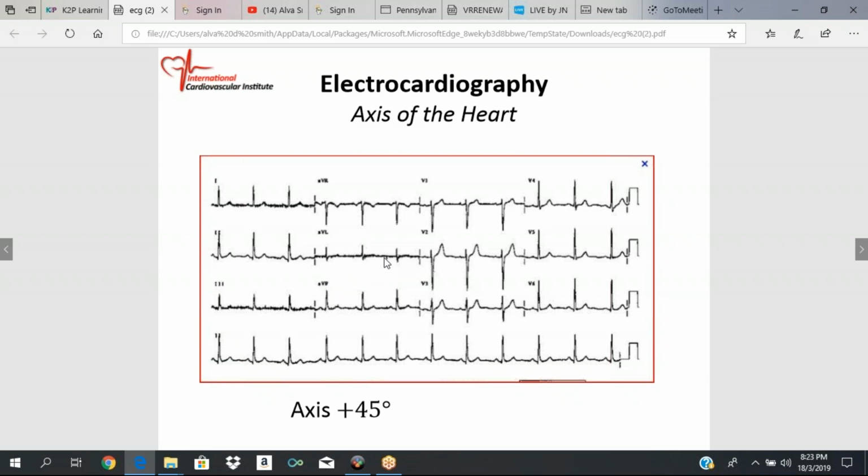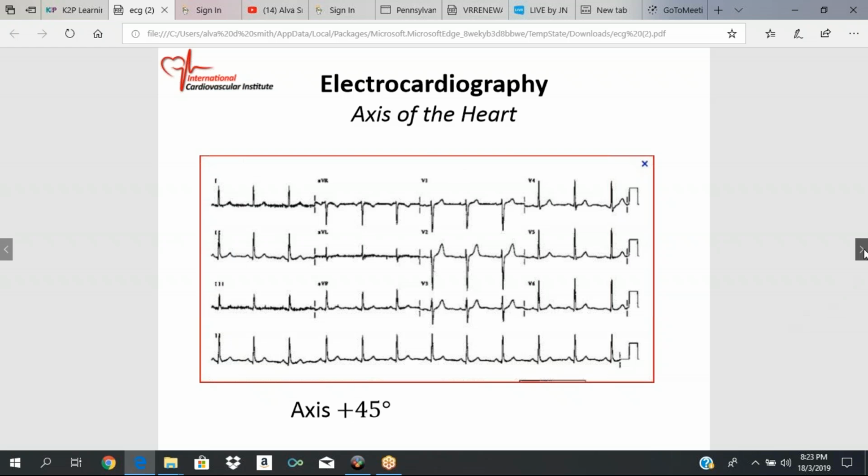This is AVL. Perpendicular to AVL is lead 2. Lead 2 is positive because it goes above the baseline. Positive lead 2 subtends an angle of 60 degrees. So the axis here is 60 degrees. Remember, the normal axis is between 0 and 90. The electrical impulse, if it travels in that quadrant, it's normal.